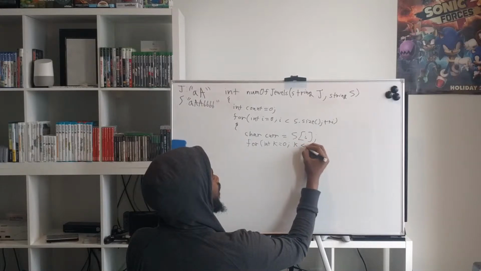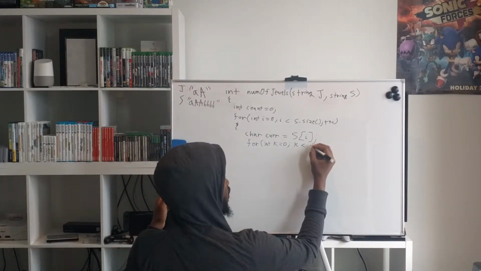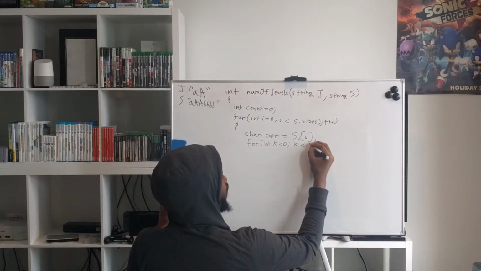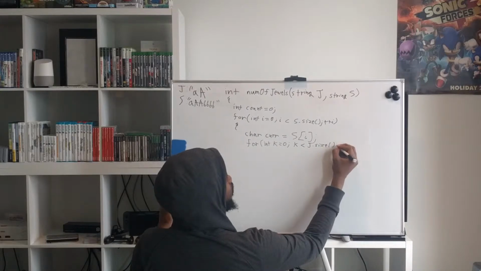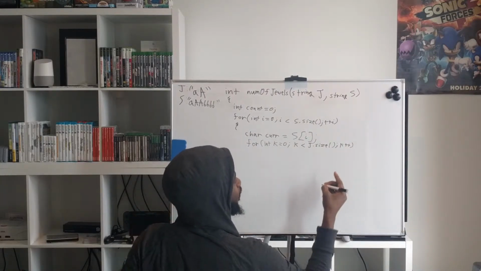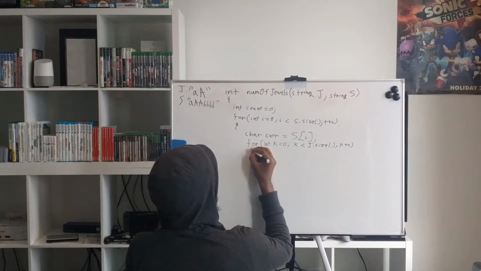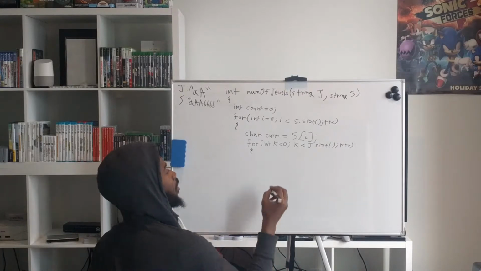While k is less than the length of this one, right? The length of the collection of jewels, right? Then you want to say j dot size, then k plus plus, or plus plus k. It doesn't really matter in this case. It matters in some other cases, but if you have questions about that, just leave a comment and I'll explain.